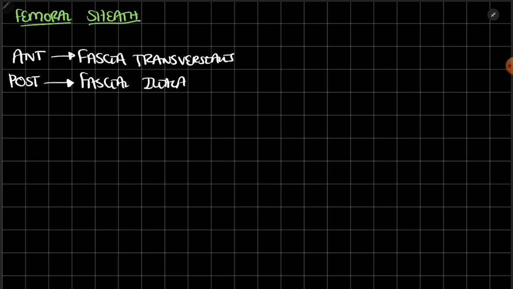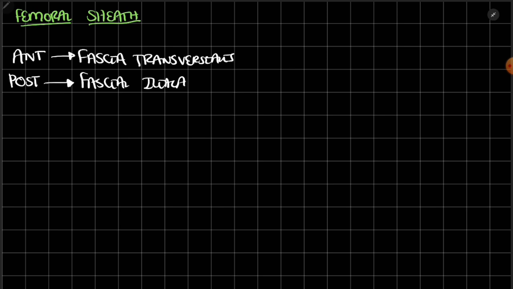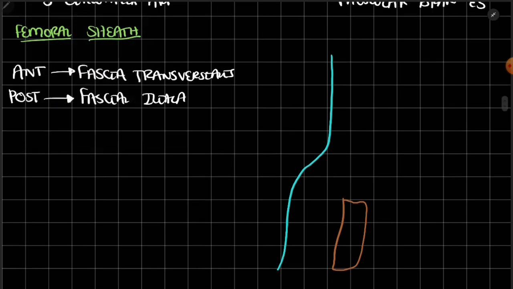To give a rough idea, don't draw this, but this is the fascia transversalis, which extends from the abdomen to the leg, and here the iliacus muscle is there, the floor of the femoral triangle we described.